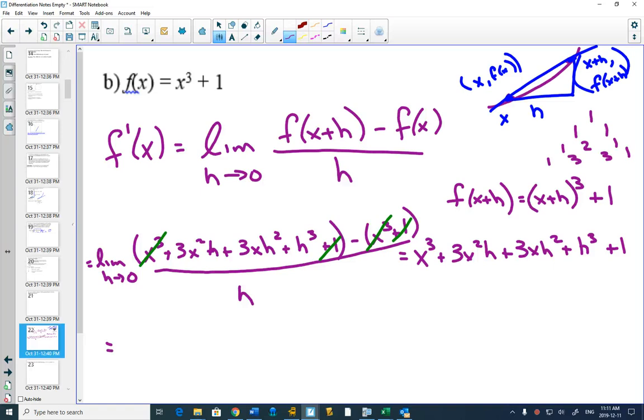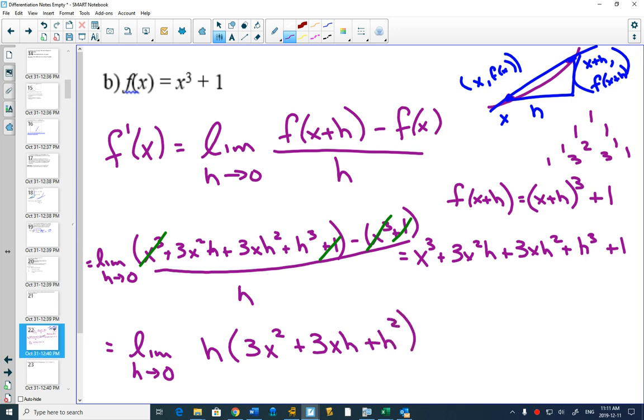So again, I now have limit as h goes to 0 of, now if I look what's left, I notice that my 3 terms that are left on the top all have an h in them. So I'm going to factor out that h and leave me with 3x squared plus 3xh plus h squared on the top, all divided by h.